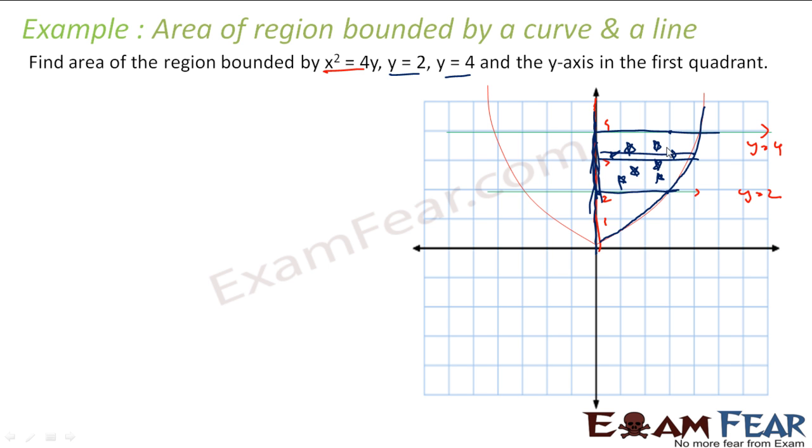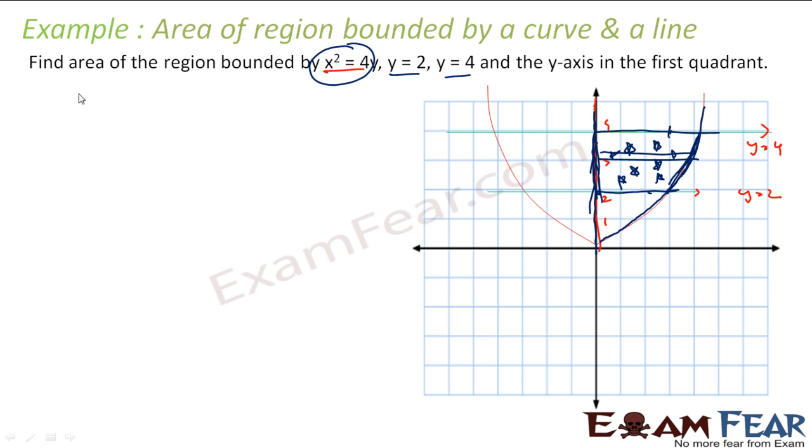Just understand, if x is varying, from here to here the curve is this curve, and from here to here my curve is different, that is y is equal to 2. So that makes my life difficult. So I am saying y is varying, because if y varies, my curve is always the same, this one only. So my life is simple.